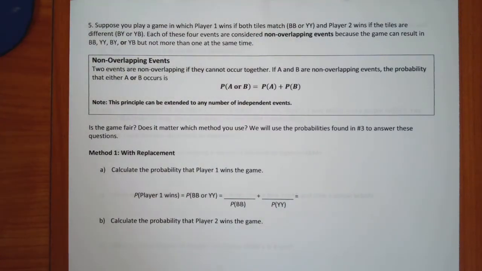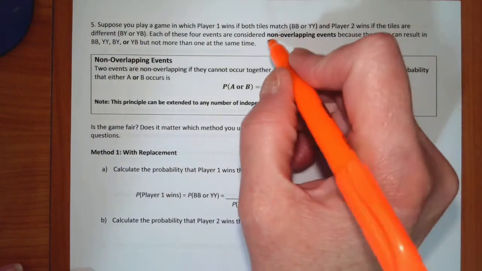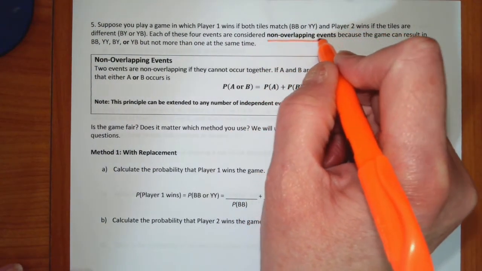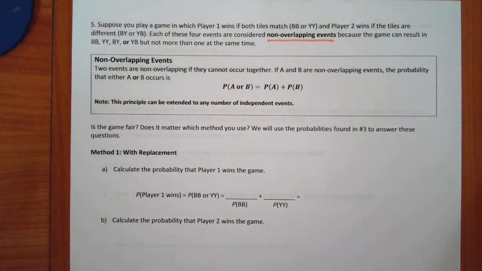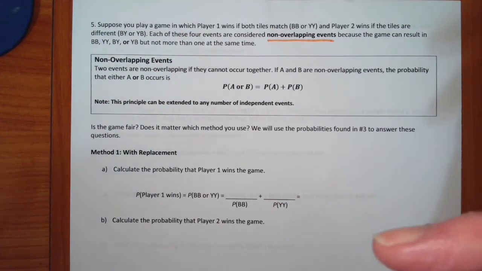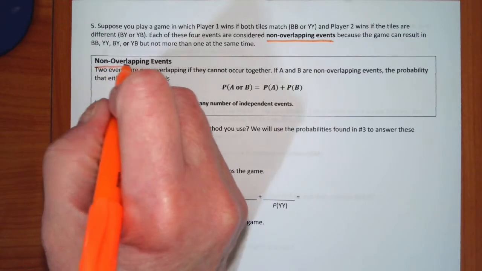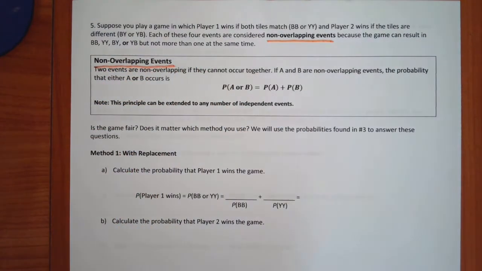Each of these events is considered non-overlapping, because the game can result in one of the four, but not more than one at a time. So we've got our definition here of two non-overlapping events.